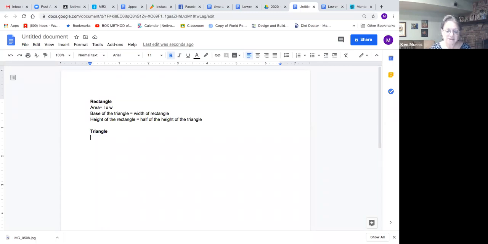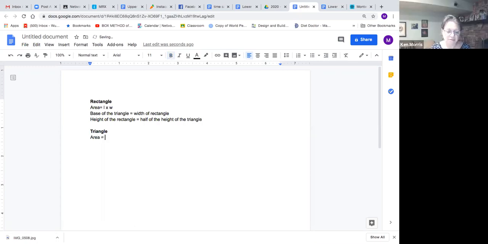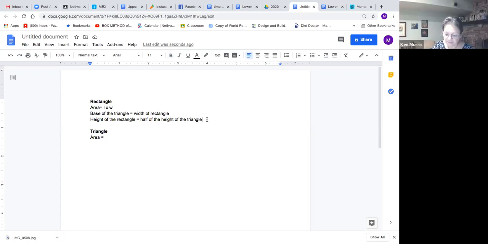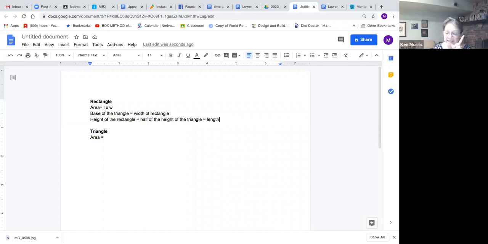So if I were to take the area and just substitute the values, well, the length, I'm going to say the height of the rectangle equals half the height of the triangle, which equals the length, right? That was the other dimension of the rectangle. Would it make more sense to say the area of the rectangle is base times height? Okay, then we're going to get there. Right? We're going to get there.